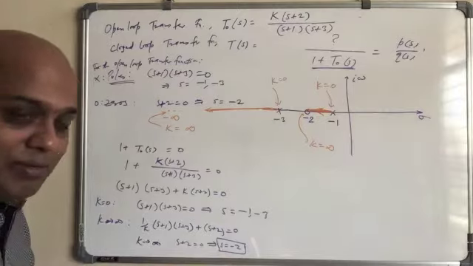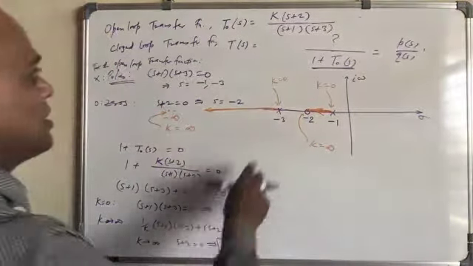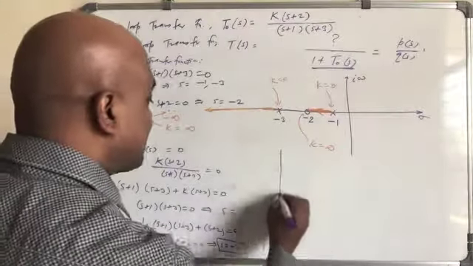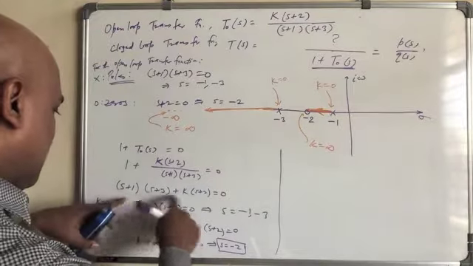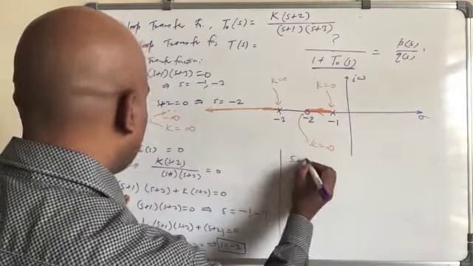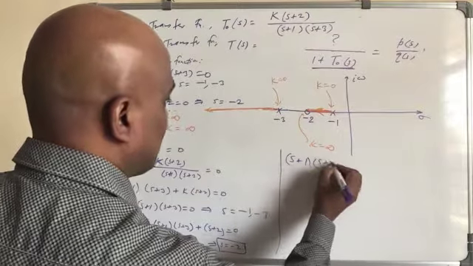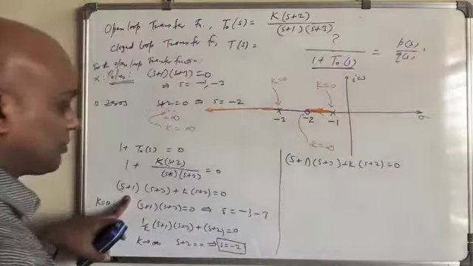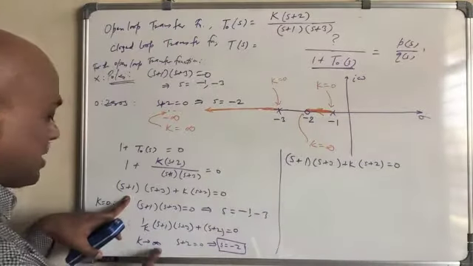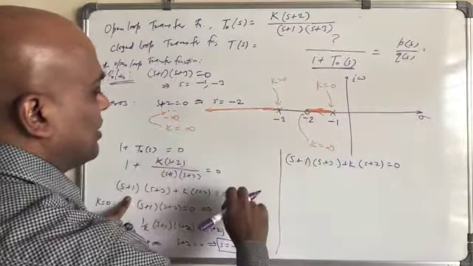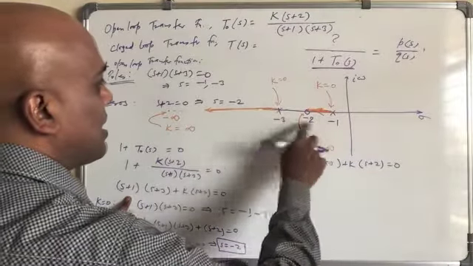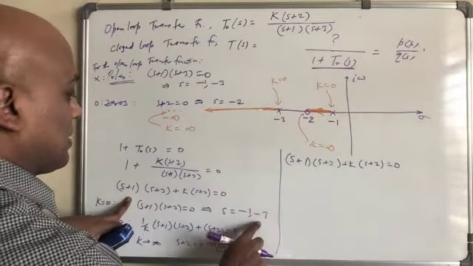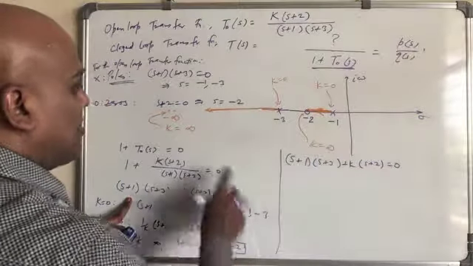We could not capture it here because we have numerator and denominator both, so somewhere it is going to reflect. In that case, we extend the whole of it. So we write S plus 1 times S plus 3 plus K times S plus 2 equal to 0. S equal to minus 2 corresponds to k equal to infinity, and these two are at k equal to 0, minus 3 and minus 1. That I'm indicating.